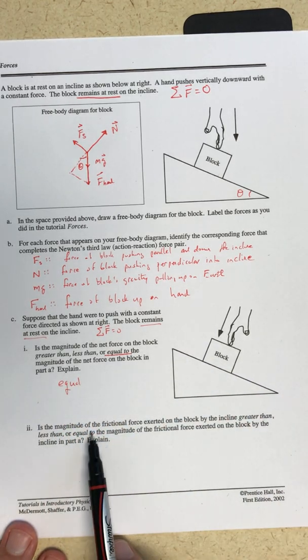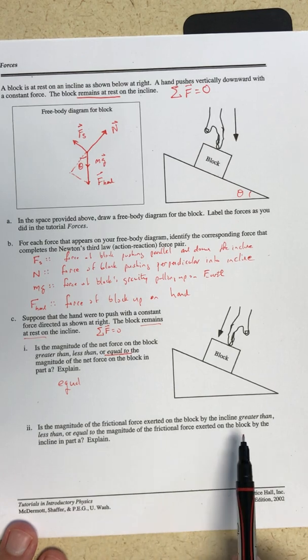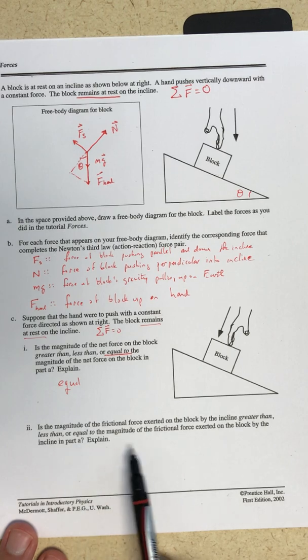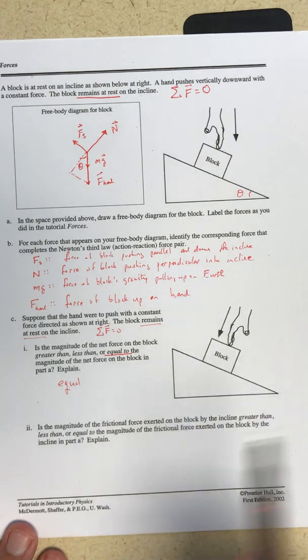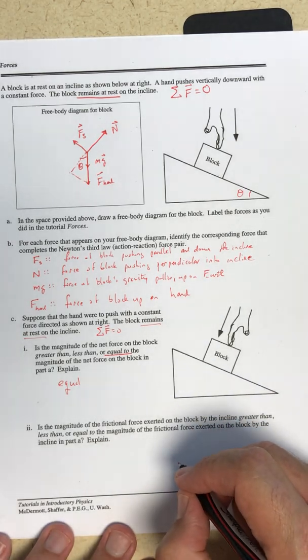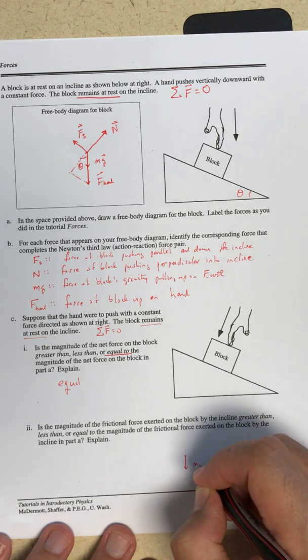All right. Is the magnitude of the frictional force exerted on the block by the incline greater than, less than, or equal to the magnitude of the frictional force exerted on the block by the incline in part A? Explain. All right. So let's try to draw our free body diagram to answer this. So the weight of the block hasn't changed. Still have mg.